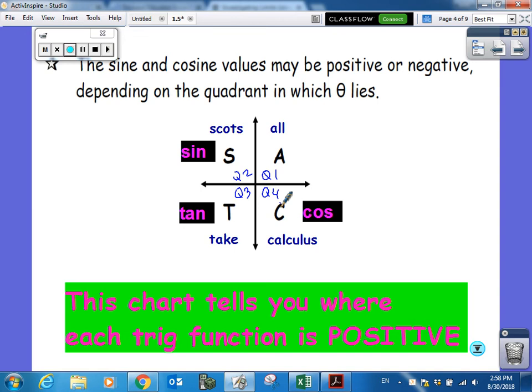Now, I'm going to show you what I think is a little bit easier or something you don't have to think about so much. This chart tells you just where all of the trig values are positive. It tells you that all trig values are positive, sine is positive, tangent is positive, which we're not dealing with yet, but we will, and cosine is positive.